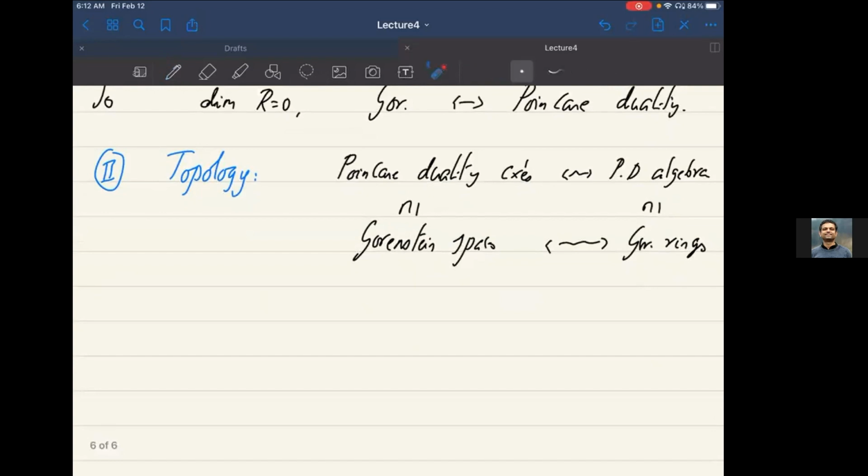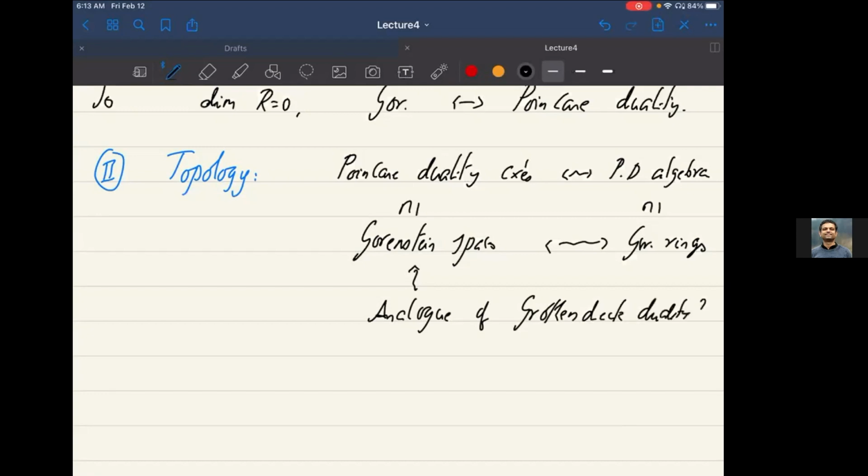So already, of course, here there is the usual duality, the Poincaré duality. Here I told you there is this Grothendieck duality. So you might ask, what is the analog of Grothendieck duality here? And in some sense, I can.